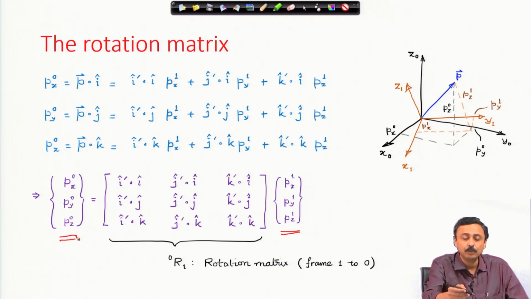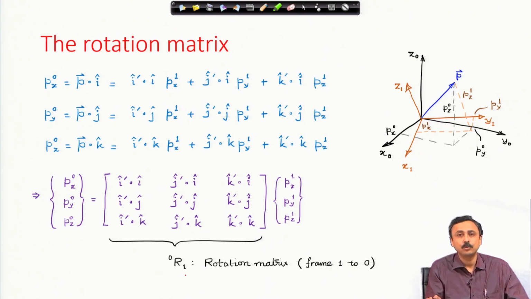This is very important to understand. That we will write as R from 1 to 0. On the right I write 1 because on the right I will post multiply by the representation of the vector in frame 1, and on the left I write superscript 0 on R to show that it is going to take us to the representation of the same vector in frame 0.